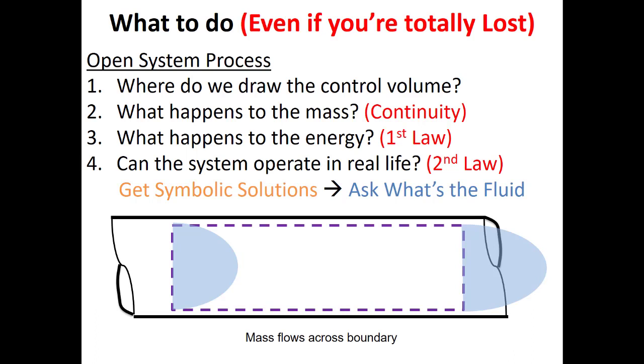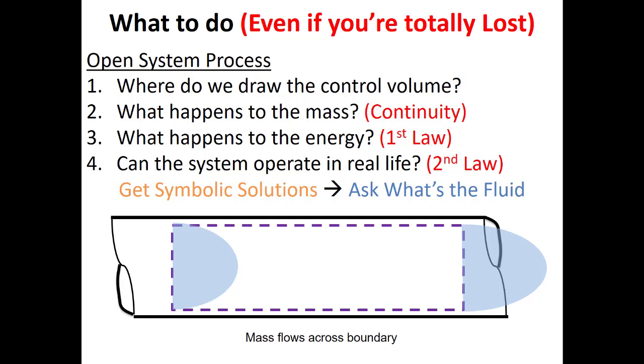So for each component, we'll do an open system analysis. That means we'll have to draw a control volume, we'll do conservation of mass, we'll do conservation of energy, and then sometimes we'll have to think about what the second law looks like for this particular component. And even if we're not doing this explicitly, we have to really understand that when we say a process is isentropic, we're really doing a second law analysis, saying that the process is steady state, that it's adiabatic, that it has one inlet and one outlet, and that it's ideal.